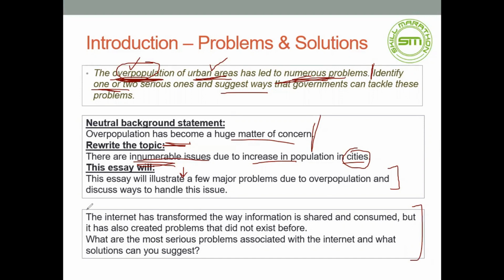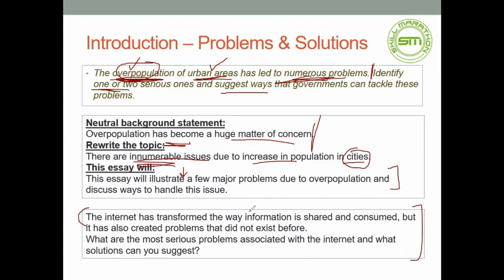It says the internet has transformed the way information is shared and consumed, but it has also created problems that did not exist before. What are the most serious problems associated with internet and what solutions can you suggest?